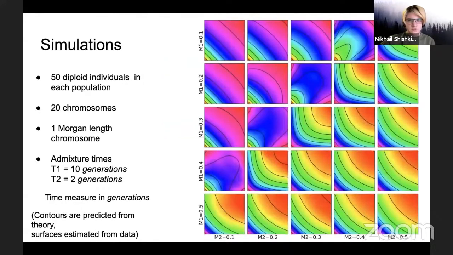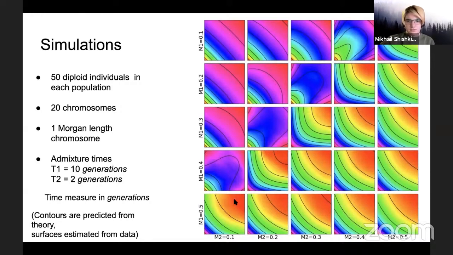Okay, and we also made some simulations where we fixed admixture times and varied admixture proportions. Here you can see that when the total admixture proportion increases above 0.5, these contours from theory flip from being concave down to concave up, and this satisfies our surfaces in most cases.